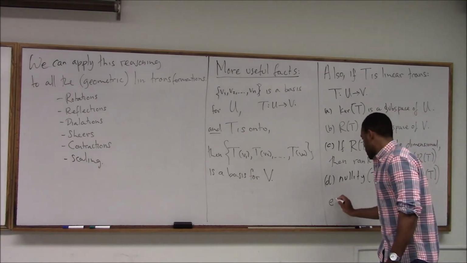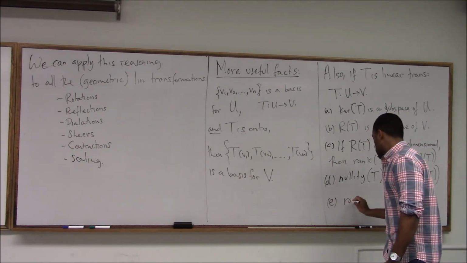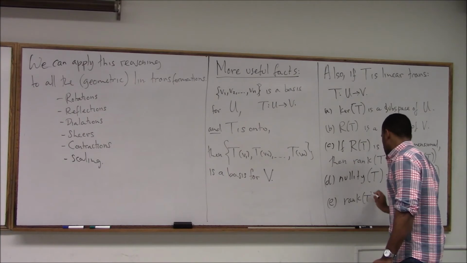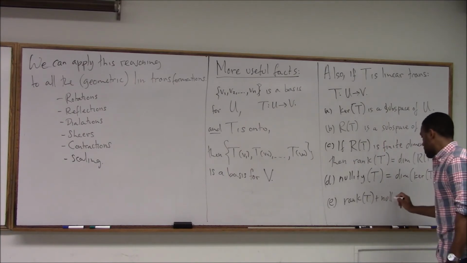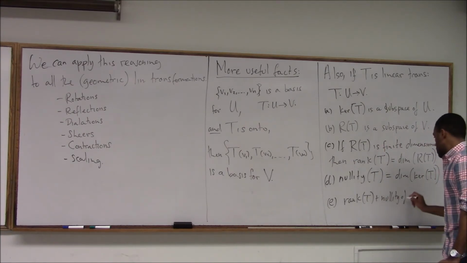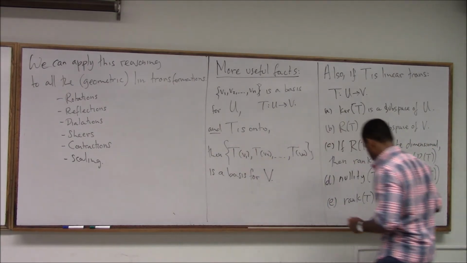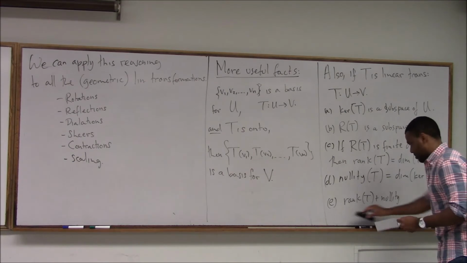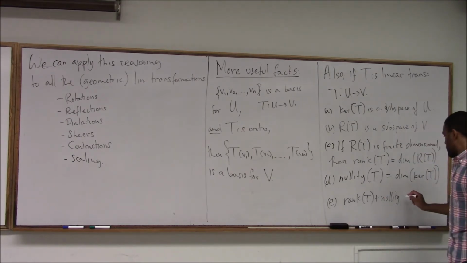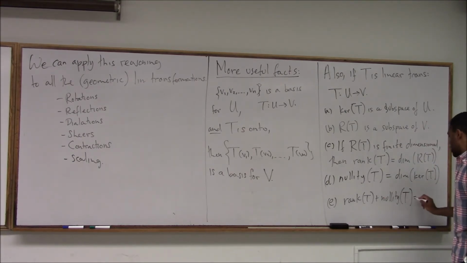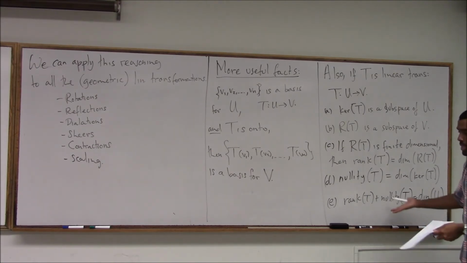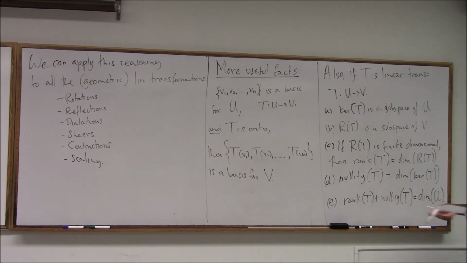We can also talk about the dimension theorem: the rank of T plus the nullity of T is equal to the dimension of U. And that's the dimension theorem that we spoke about in terms of matrices.